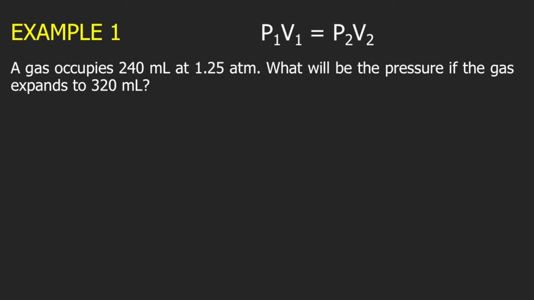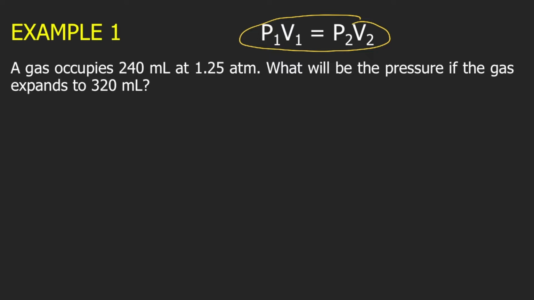Let's try answering example 1. A gas occupies 240 ml at 1.25 atmosphere. What will be the pressure if the gas expands to 320 ml? So this is a Boyle's law problem, so you will be using this formula.